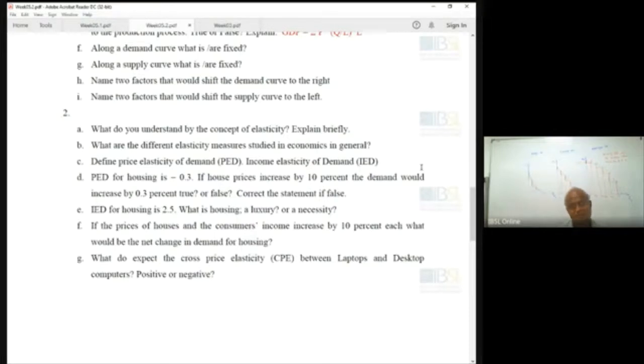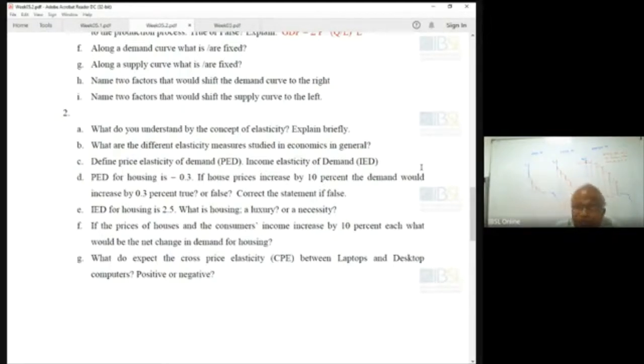Inelastic demand. If the house price increases by 10%, this is defined for 1%. For 1%, 0.3. Now, the question asks, if house price increases by 10%, the demand would increase by 0.3%. True or false? What will happen to demand?